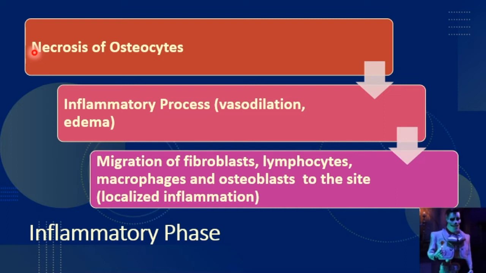But of course, on our part that will result in pain. Once the vasodilation occurs, there will be enlargement of the blood vessels. This enlargement of the blood vessels would lead to the migration of your fibroblasts, lymphocytes, macrophages, and osteoblasts to the site. So you have these cells, fibroblasts, lymphocytes, macrophages, and osteoblasts, going to the site of injury.